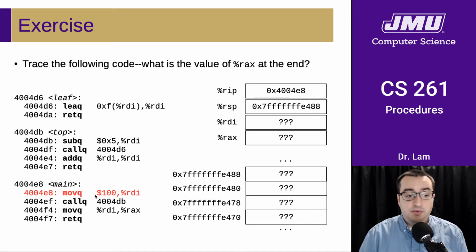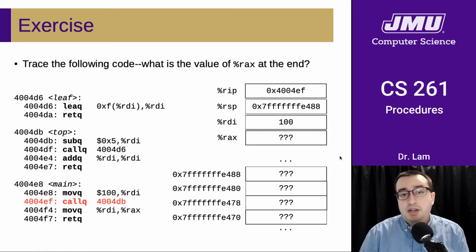So this is the move instruction. This is the first instruction in main. So this is going to move the literal 100 into RDI, which is going to set RDI to 100, and then we're going to change the program counter to be the next instruction. So the next instruction that executes is that call queue. So that's the 4EF instruction.